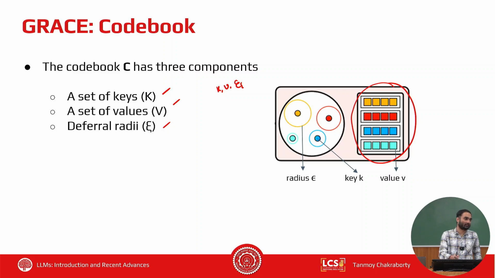Okay, and we learn this epsilon, we learn the key, we learn v, we learn epsilon, right? But let's say this is my memory. In this memory there are 4 concepts, 4 pieces of knowledge stored, right? And these small circles indicate the actual knowledge embedding, and the peripheral circle indicates their span.